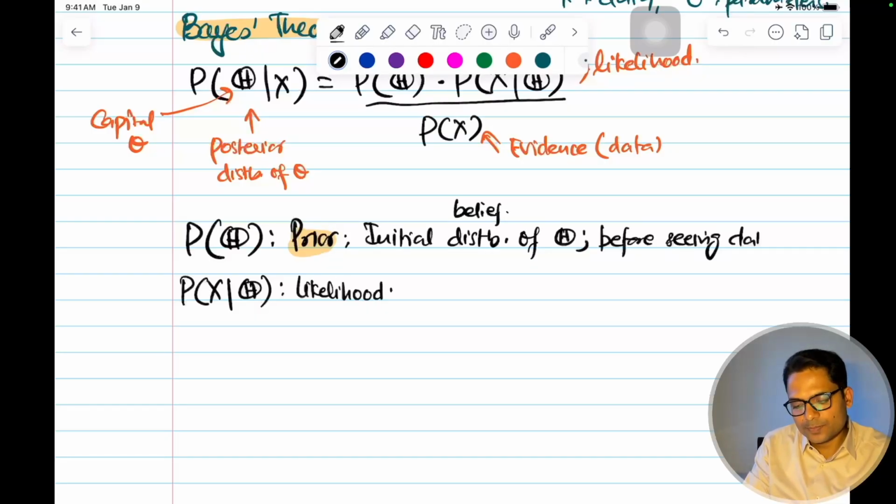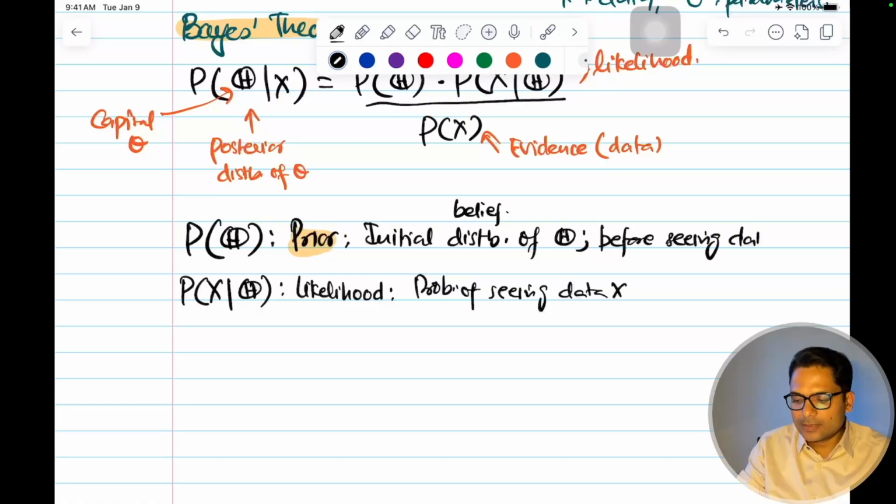Likelihood is the conditional distribution of x, the probability of seeing data x given theta.